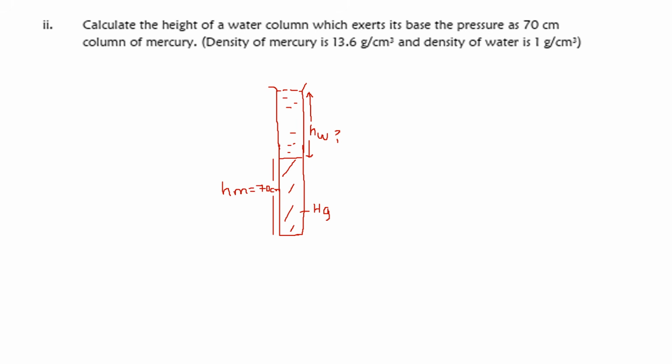We are also told the density of mercury, let's call it rho m, and the density of water, rho w.